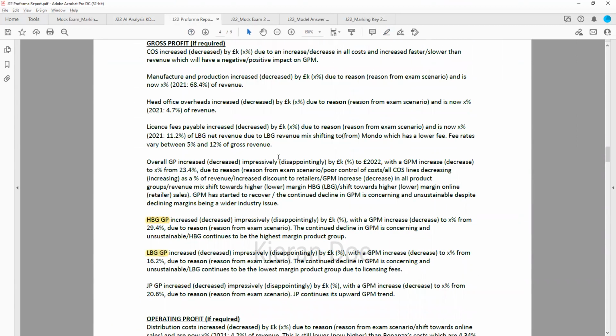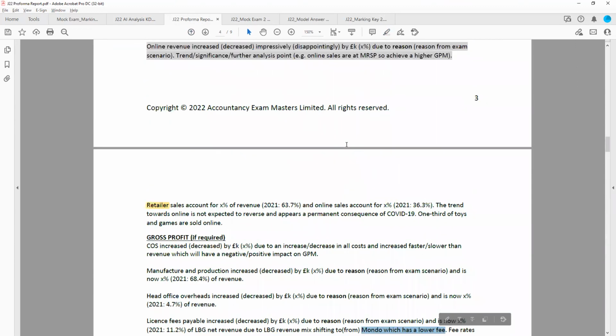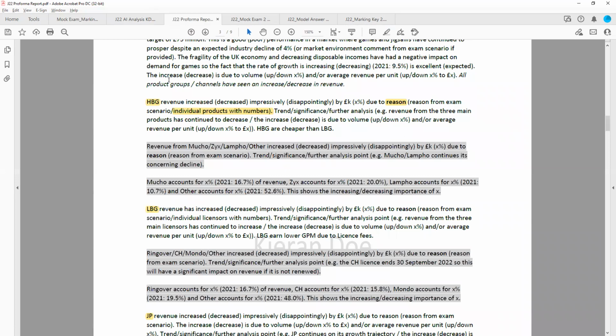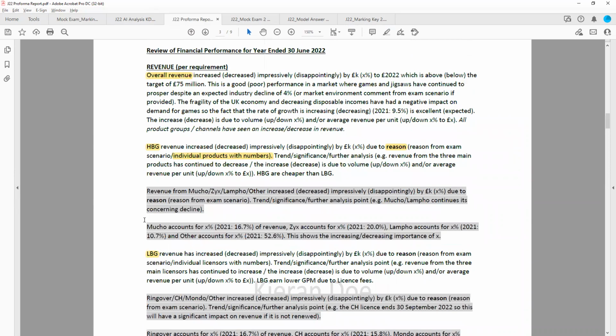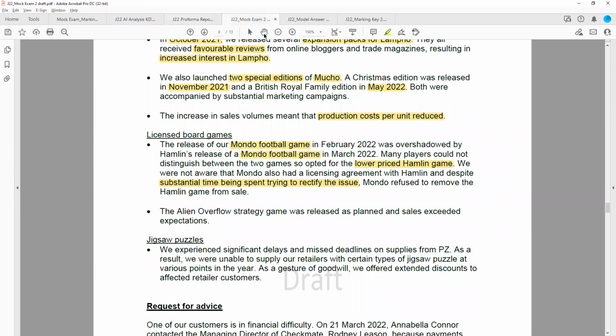There's those increased costs there. Maybe next to here, like the licensing fee as well. Maybe that would be an impact there because Mondo, of course, had a lower fee. And then, of course, that's like the reason why revenue in LBG may be lower, or certainly for that particular licensor.